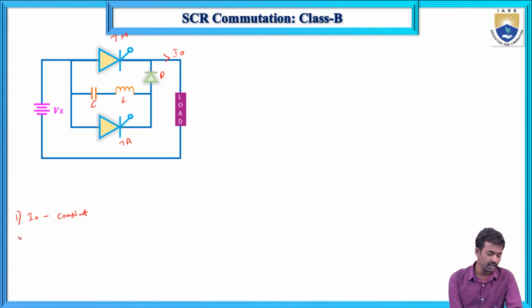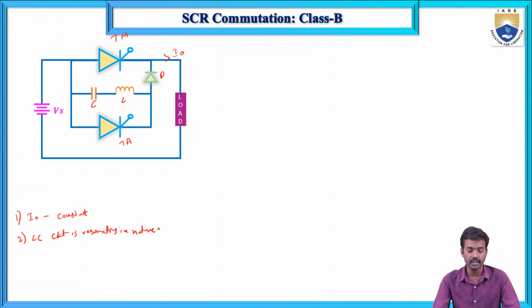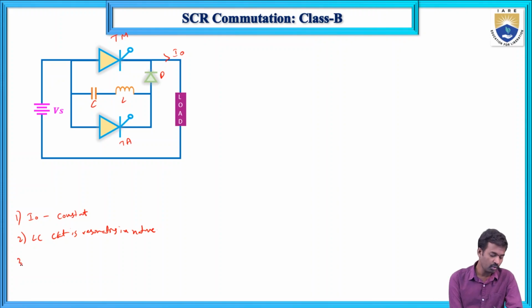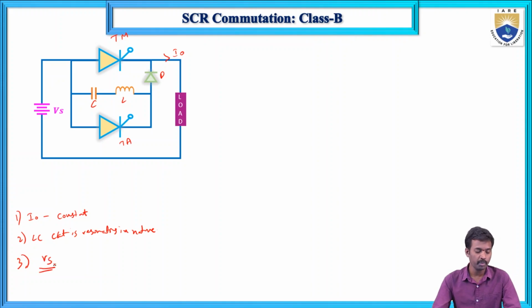The second condition is that the LC circuit is resonating in nature. And the third one is that the initial capacitor voltage is Vs. How this initial capacitor voltage is Vs, I will explain to you.